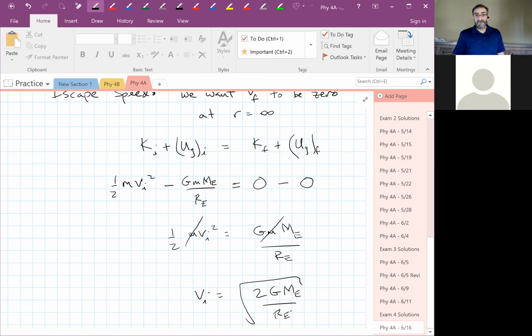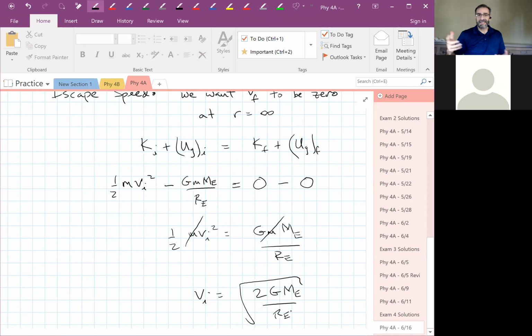Is that what we do when we launch stuff? When we launch rockets? No, we don't just give it one big push, some huge speed, and let that carry it all the way out until it gets to wherever we want it to go.